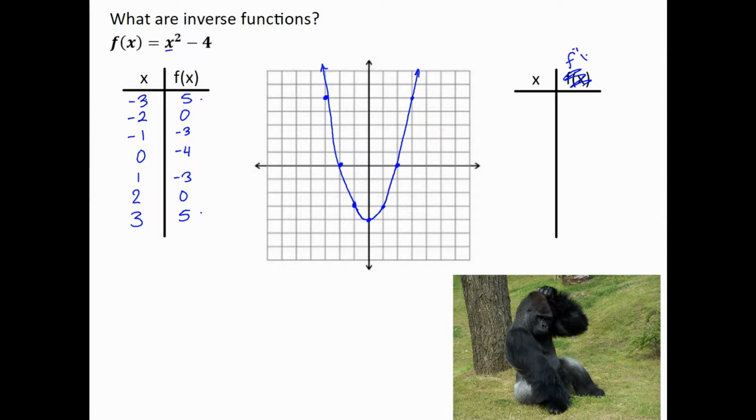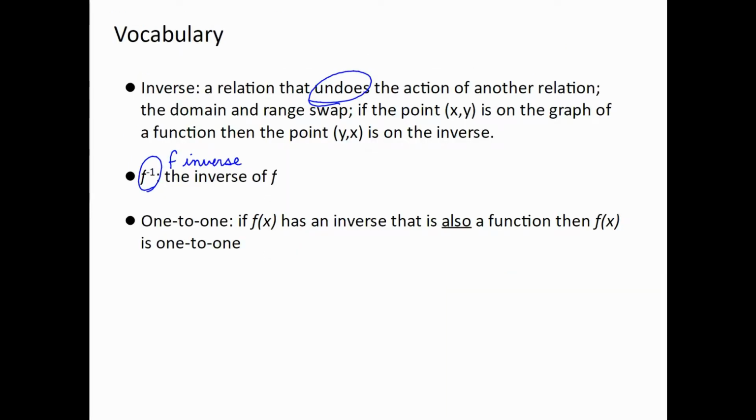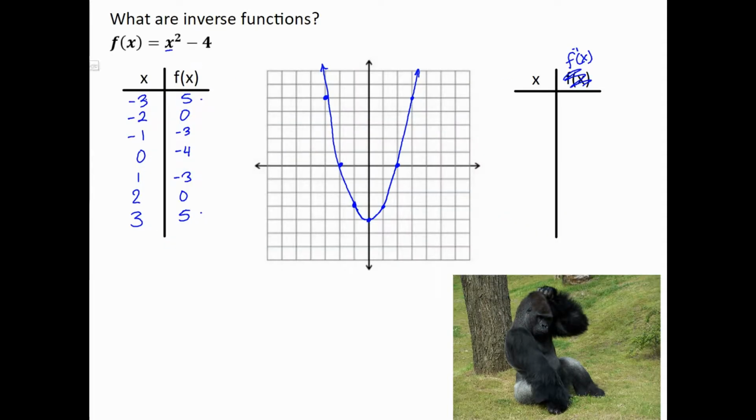Now over here, this is supposed to say inverse of f of x. It's actually not going to technically be the inverse, but we'll see what we get. We are going to swap the domain and range. My domain are the x values, my range are the y values. So I look at that table and swap them.